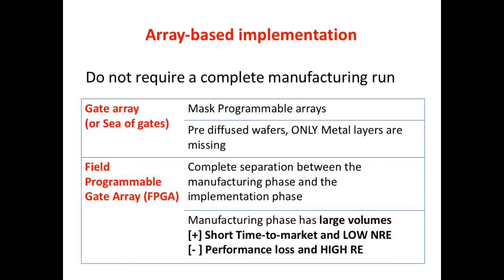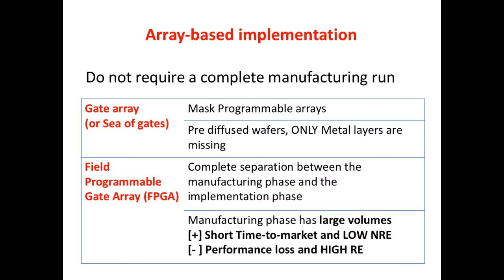So the only expense you have is the coding expenses, and then you have the recurring expenses, which are typically high because you pay a lot for every field programmable array. The profit is made by the company which sells the FPGA.